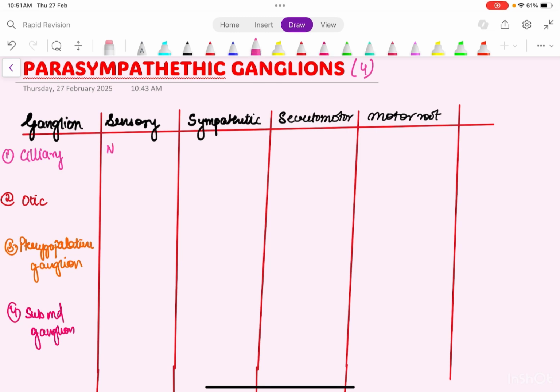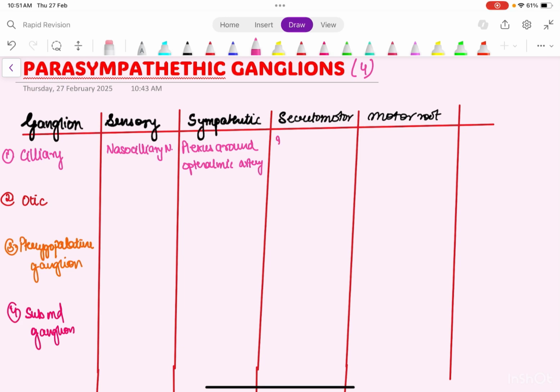Now, ciliary ganglion, the sensory root is the nasociliary nerve. Then the sympathetic is plexus around ophthalmic artery.